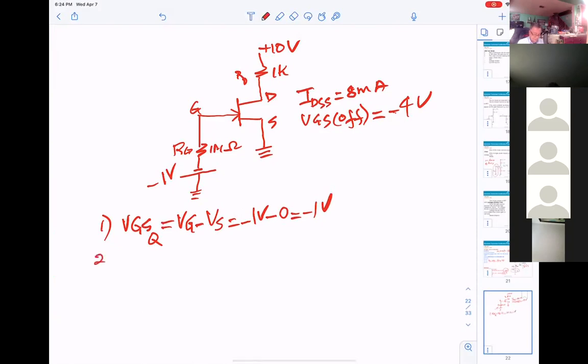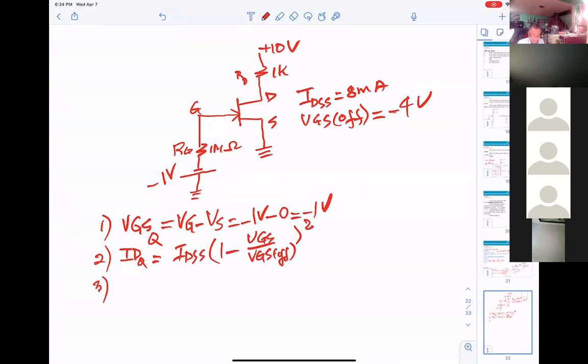And number 2, they want you to calculate the ID Q point. If you want to calculate the ID, the formula will be ID equals IDSS times 1 minus VGS over VGS off, squared. So you're doing calculation. And number 3, they want you to calculate the VD.